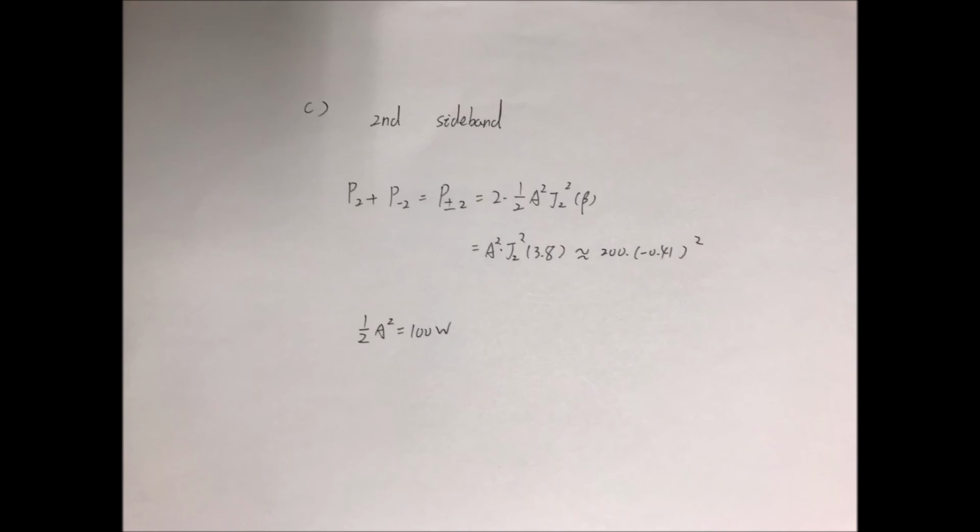If we ask about the current, P is V squared over R. So how about we don't use A squared? We use P total instead.